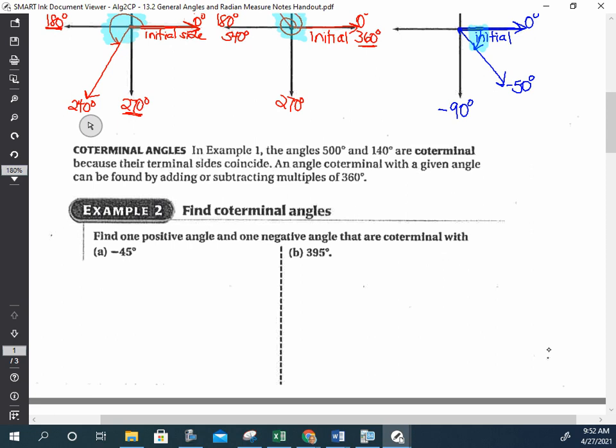So, next concept. Next concept is an idea of what's called a coterminal angle. Coterminal is another name for the same angle. Angles ending in the same place.